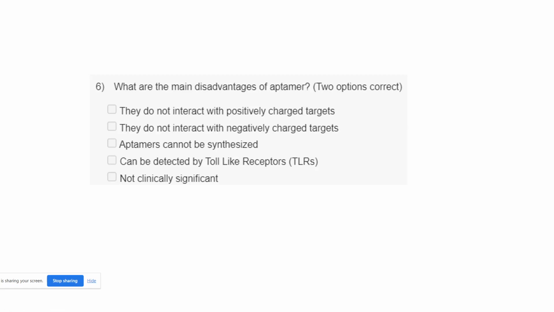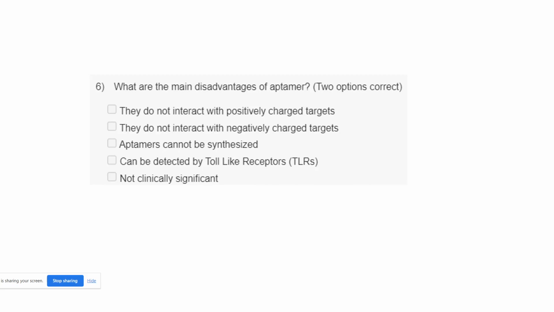Okay, what are the main disadvantages of aptamer? What do you think the answer is?